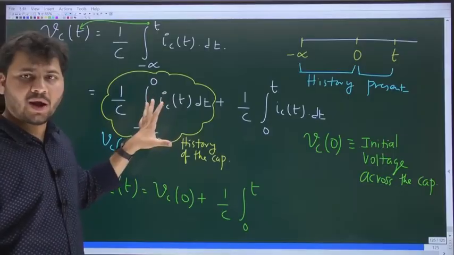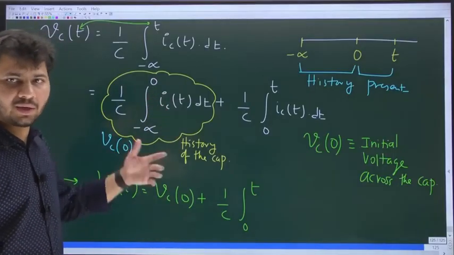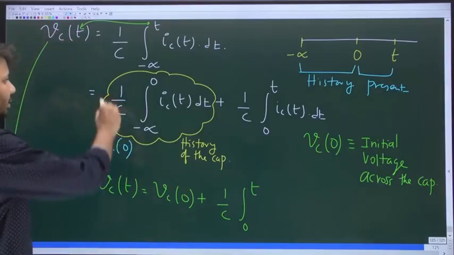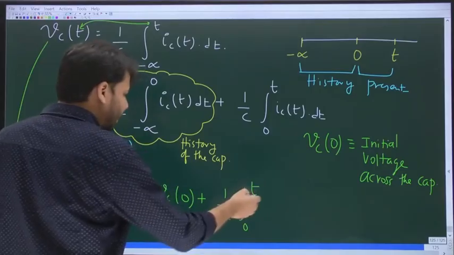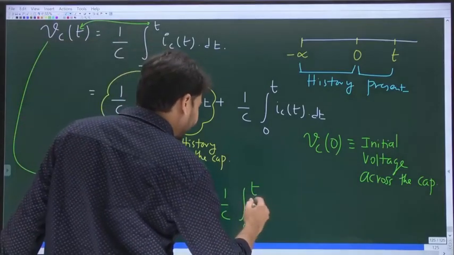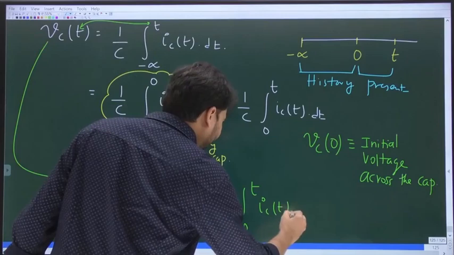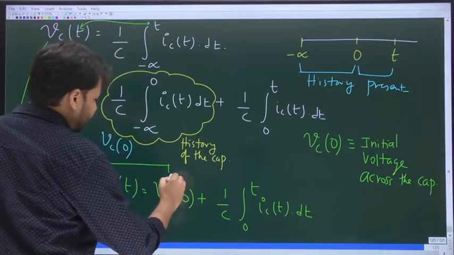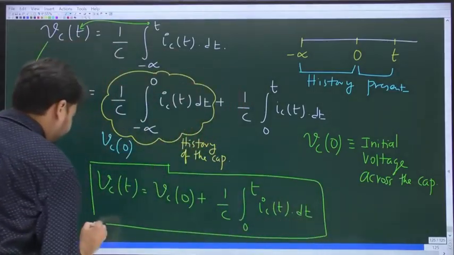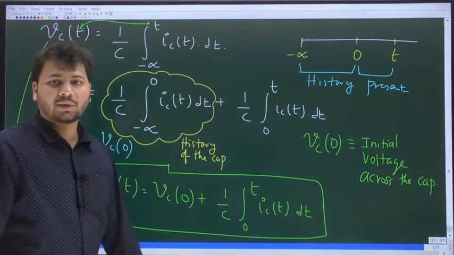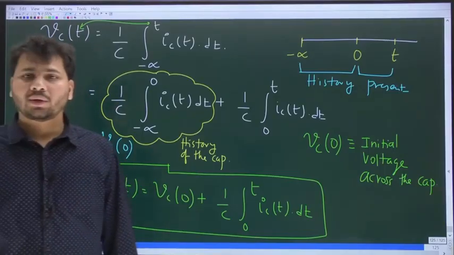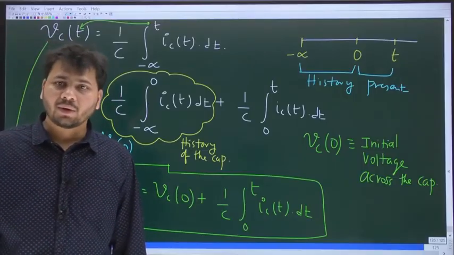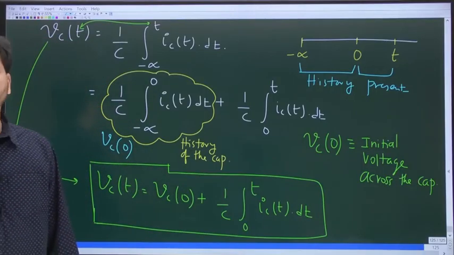This is what happened to the cap before t equal to 0. That is history, or the past information about the cap. So this entire thing is Vc of 0, and this thing is 1 by c integral 0 to t Ic of t dt. That's all. This is the final expression for the voltage across the cap in terms of the current through the cap.